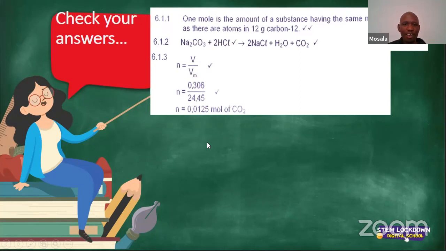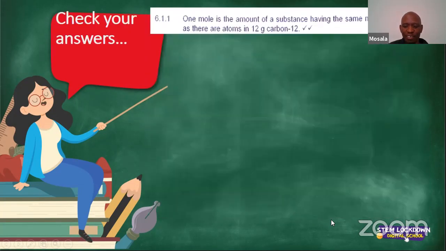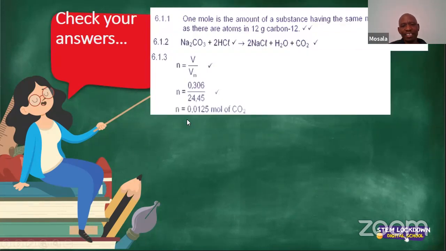But remember, we are being asked to calculate the mass of sodium carbonate that have reacted. We have calculated the moles of carbon dioxide. From that, we can say 1 mole of carbon dioxide is produced whenever 1 mole of sodium carbonate reacts.